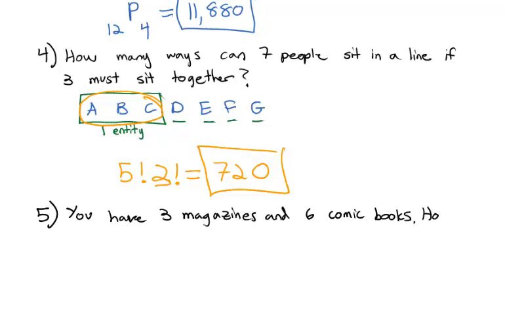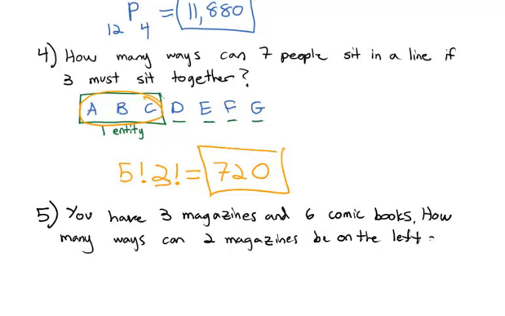And we want to know how many ways can 2 magazines be on the left and 4 comic books be on the right on a shelf.